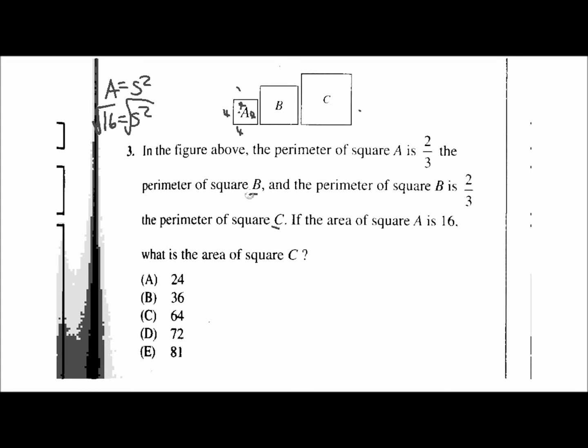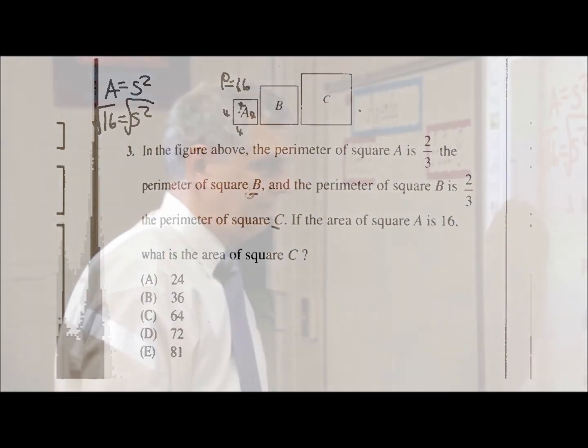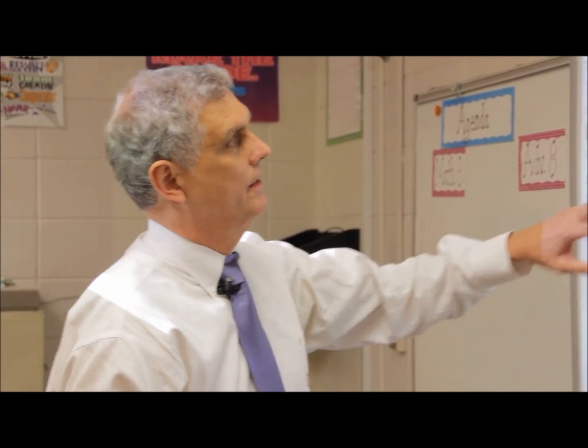Now, to get the perimeter, because we want to get things in terms of p here, we just add all the sides together. And 4 plus 4 plus 4 plus 4 is going to be 16. So we know p equals 16 here. Now, we also know that the perimeter of B is 2/3 bigger than 16.